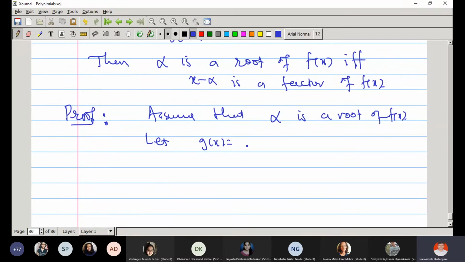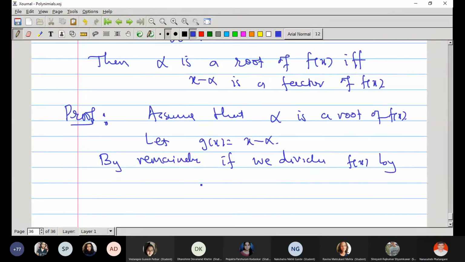By the remainder theorem, if we divide f of x by g of x, then the remainder is f of alpha.